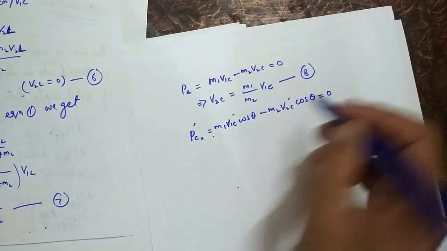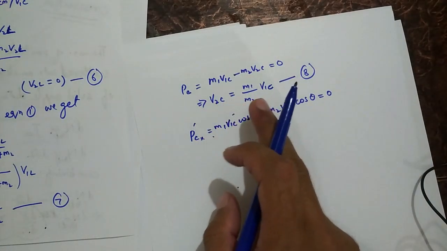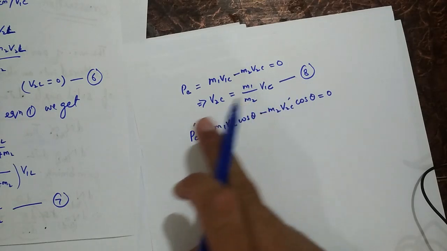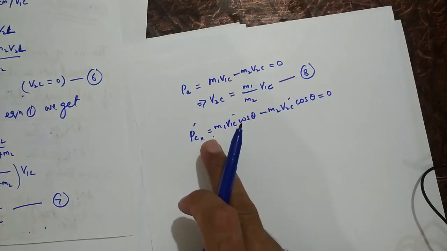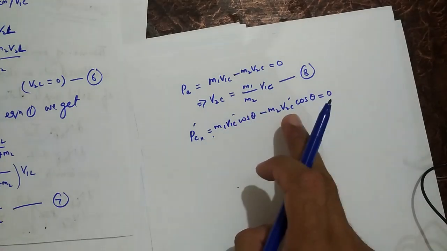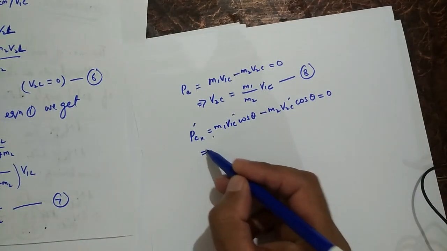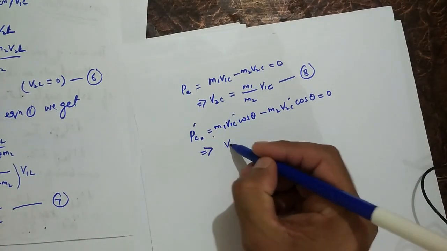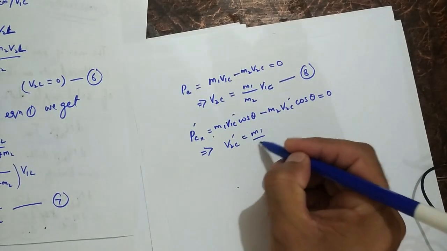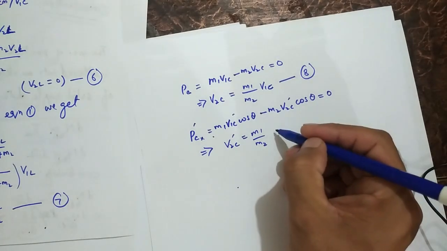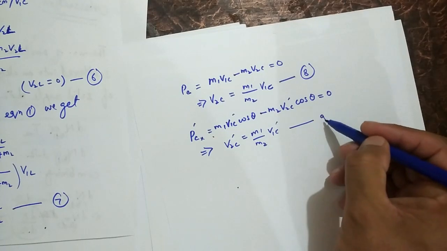This is equal to 0, because initially before collision the momentum was wholly along the x-axis, and after collision the momentum is also along the x-axis. Therefore this implies that v2 dash c is equal to m1 upon m2 v1 dash c. This is equation number 9.